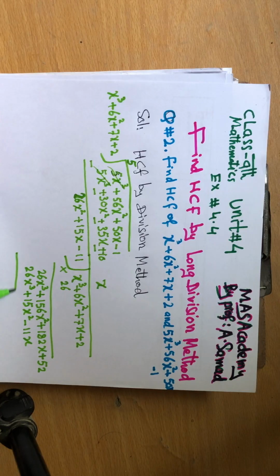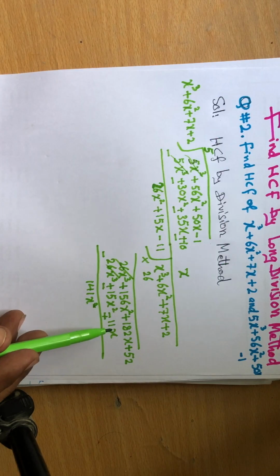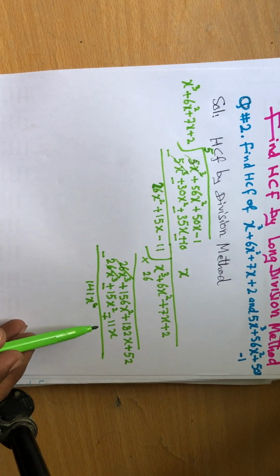After this, our next step is to change the signs, so minus, minus, and minus. After that, 26x cube and 26x cube got cancelled, and 156x square minus 15x square comes 141x square.